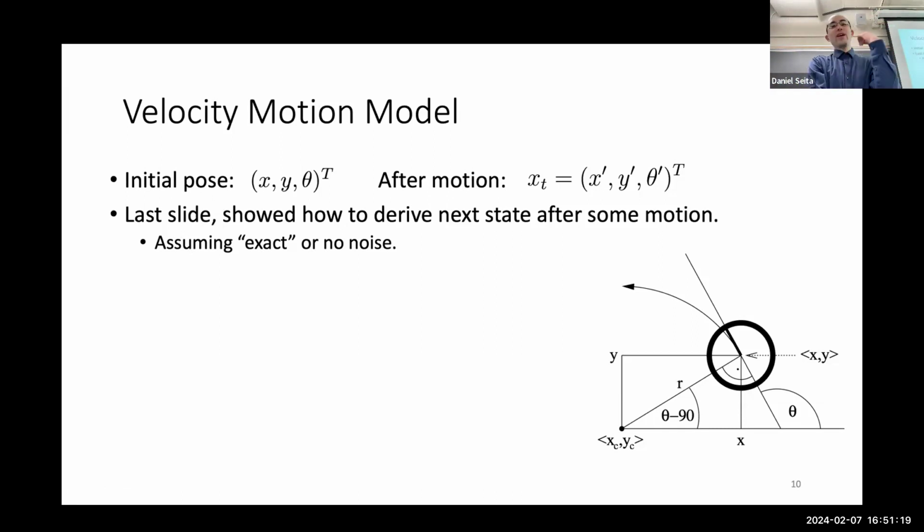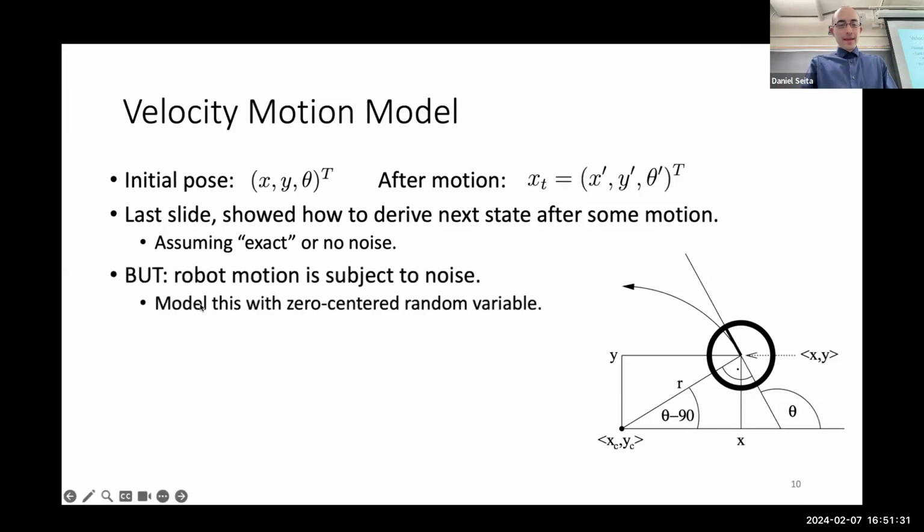Whenever you command something on a robot, it's going to go to where you intended, plus or minus some noise, right? The way this particular choice of a transition model or motion model handles this is to model it with a zero-centered random variable that you can use to model noise.